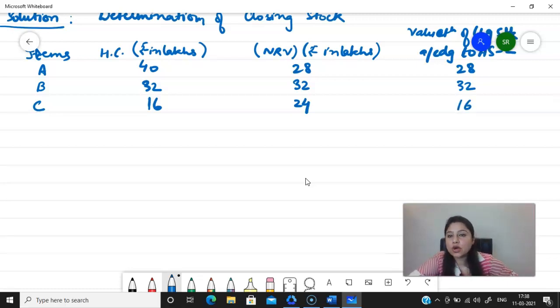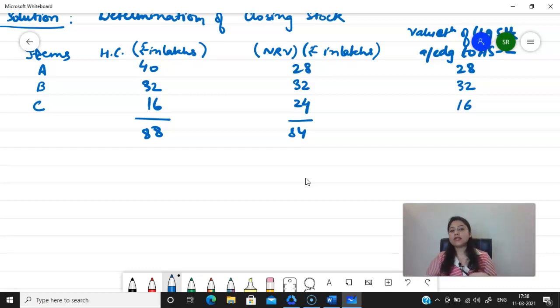It is not that we would be doing the total first of these items, where 40 plus 32 plus 16 shows 88 here, and NRV is 28 plus 32 plus 24, which shows 84, and then choosing out of the two totals.